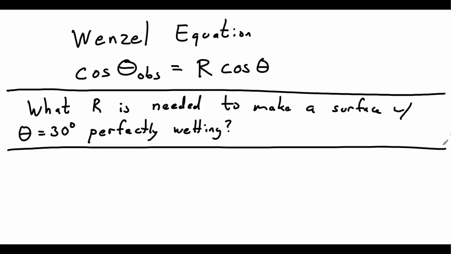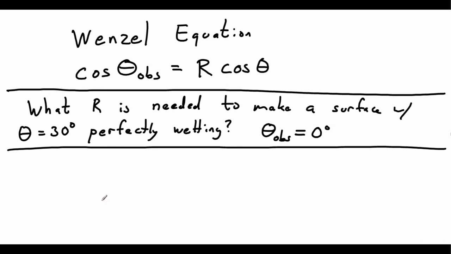So we have a surface that's already wetting with a contact angle of 30. We want to make it perfectly wetting. We wanted to put that into English. What do we mean? We mean that the observed contact angle has to be equal to 0 degrees.